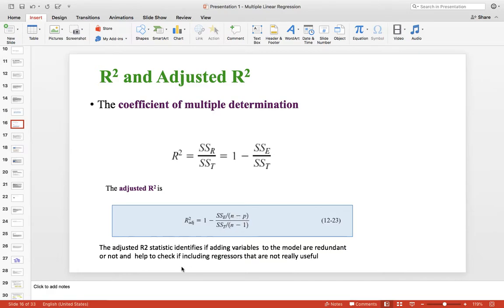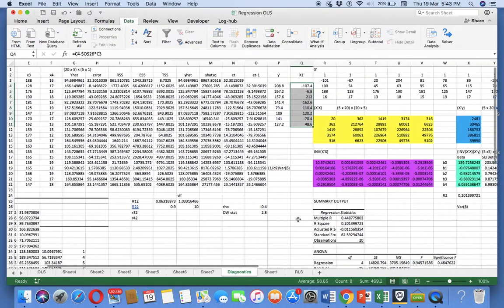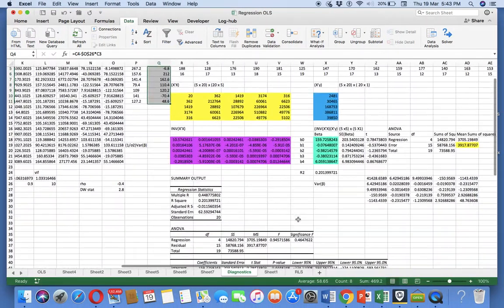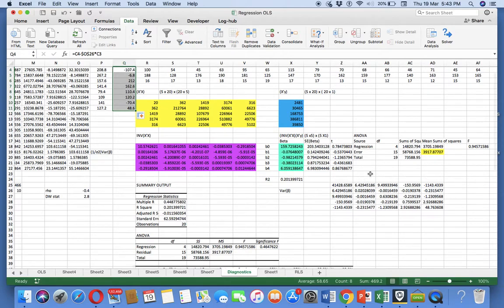So what it's really trying to say is, in an ANOVA, you can see that R squared of the regression is regression sums of squares divided by total sums of squares.